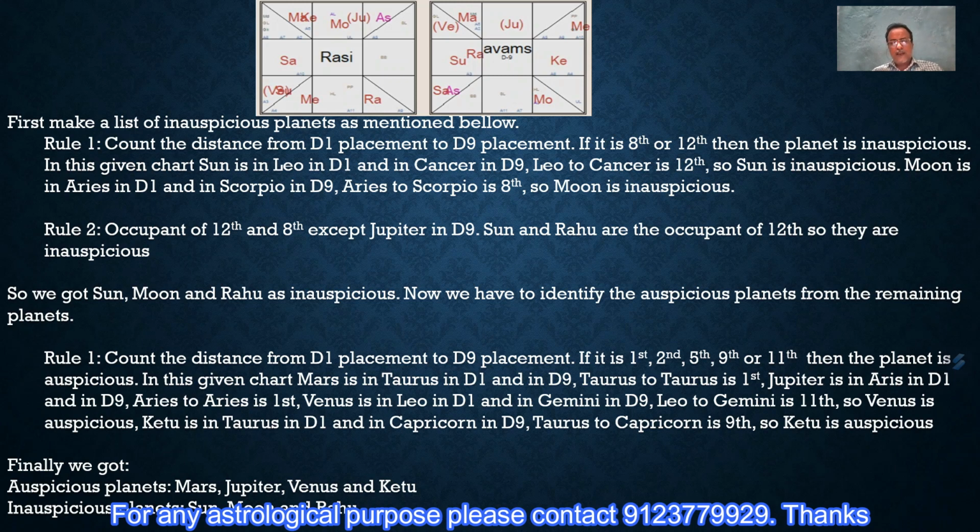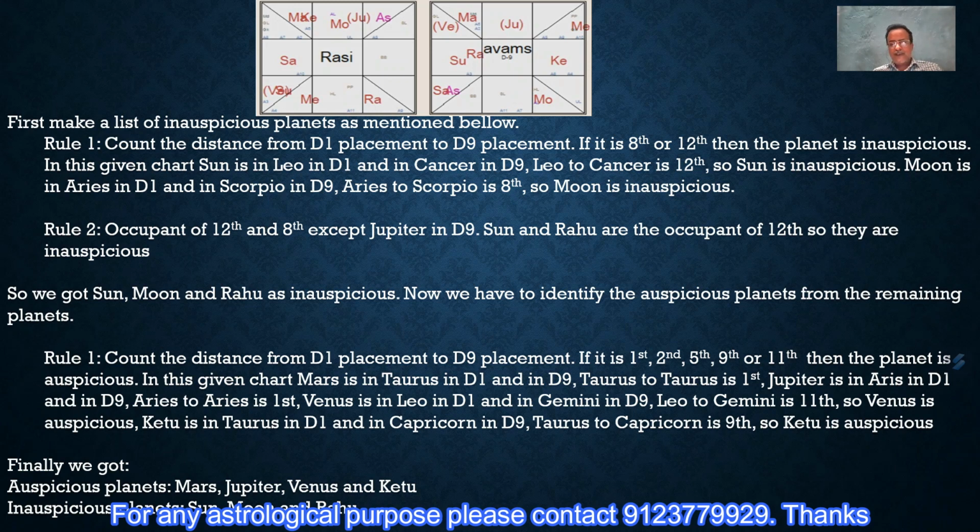Now, we have to identify the auspicious planets from the remaining planets. To do so, rule number 1. Count the distance from D1 placement to D9 placement. If the distance is 1st, 2nd, 5th, 9th or 11th, then the planet is auspicious.